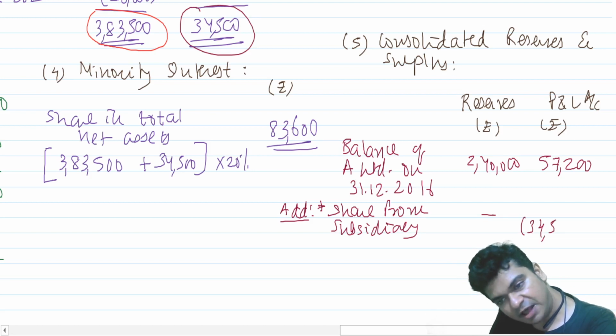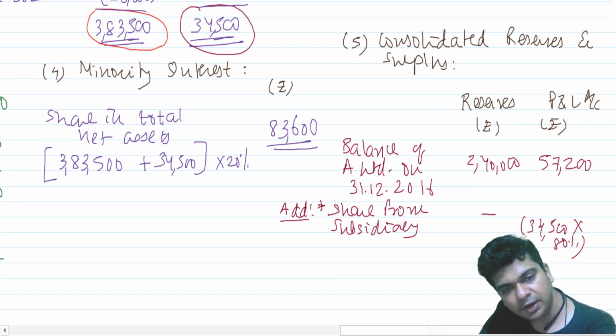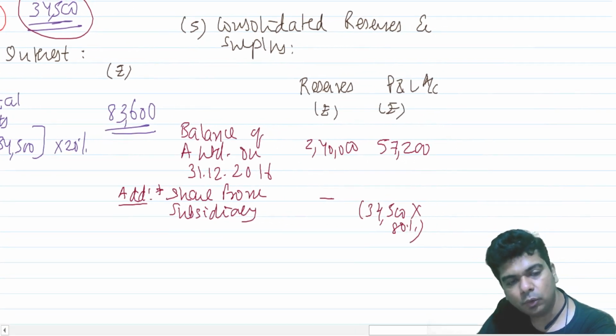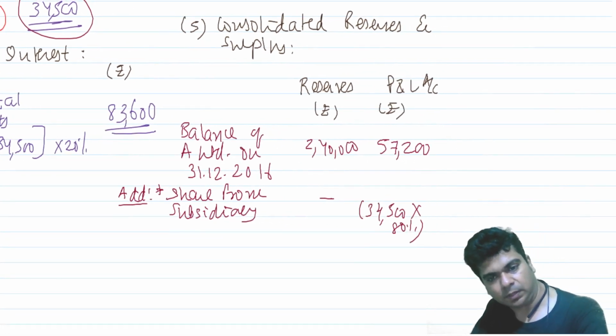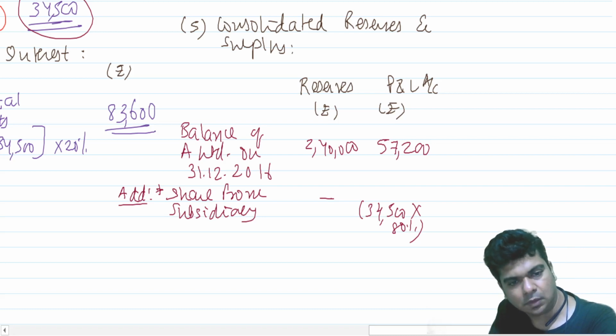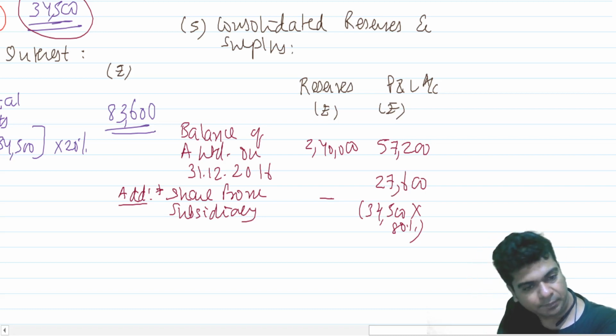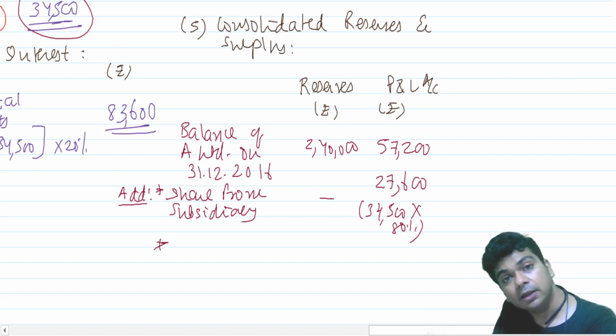So 34,500 into 80%, 27,600. And hey, you have taken a wrong credit of the dividend to your P&L. Rectify that.